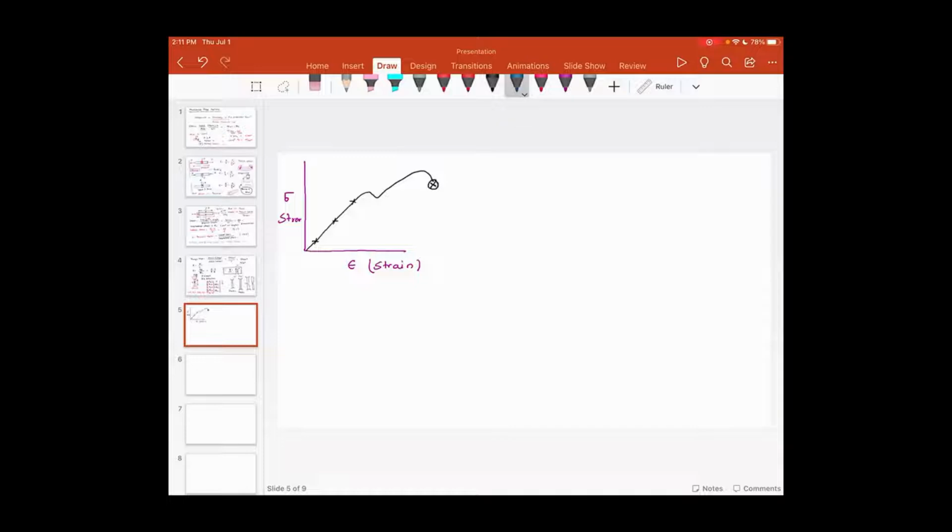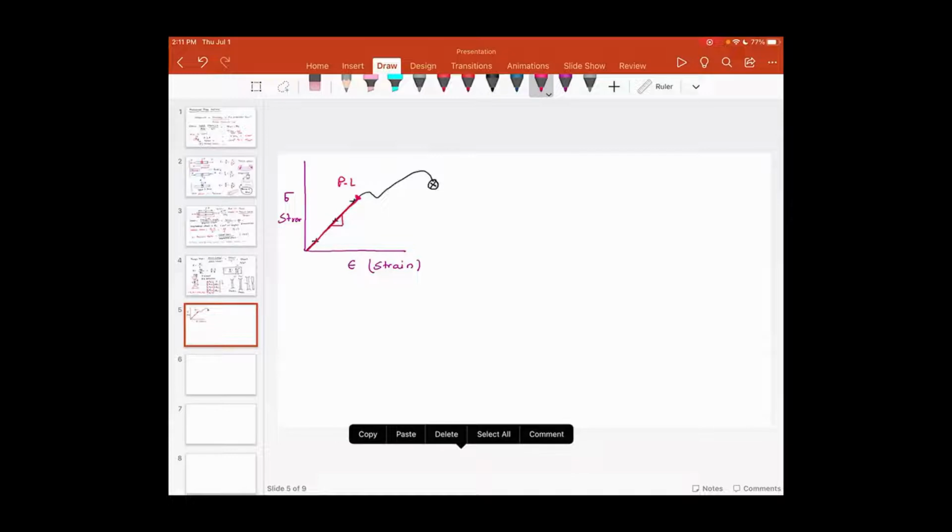And you would notice that it has some distinct points. So in the initial region, this is a straight line till something called as the proportionality limit. It means in this region, stress is proportional to strain.